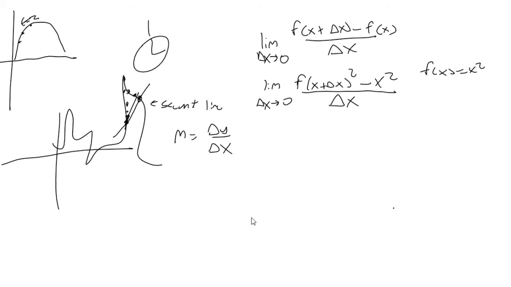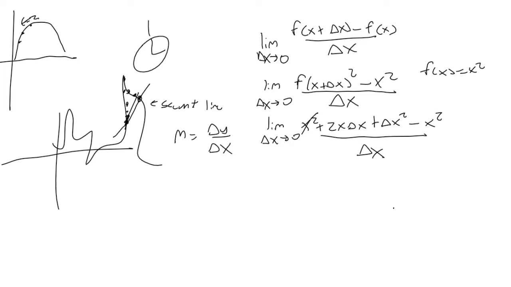And so let's solve this out. So then we have the limit. Don't forget to write limit every time or you'll lose points on the AP test. Foiling this out: x squared plus 2x delta x plus delta x squared minus x squared, all over delta x.